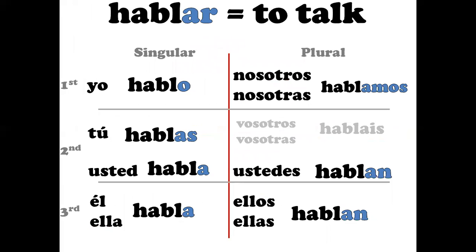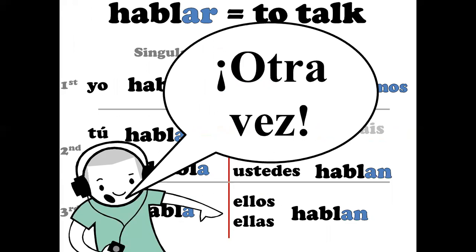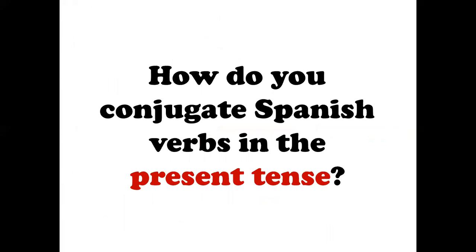This chart is what we're going to use in future videos to introduce the regular forms of the verb, and then to also discuss irregularities in conjugation. So watch this una y otra vez, over and over again, otra vez, again and again, to review if you need this review. Otherwise, just move on to the next video. How do you conjugate Spanish verbs in the present tense?